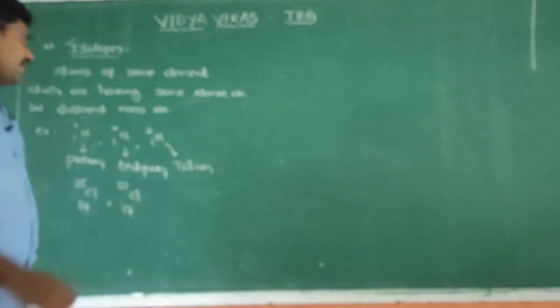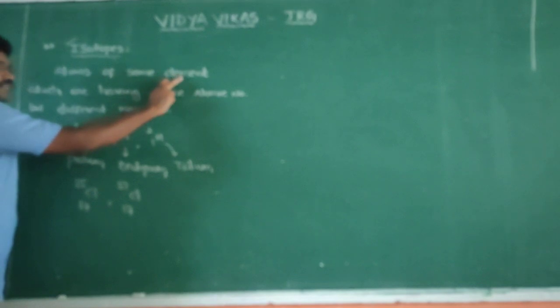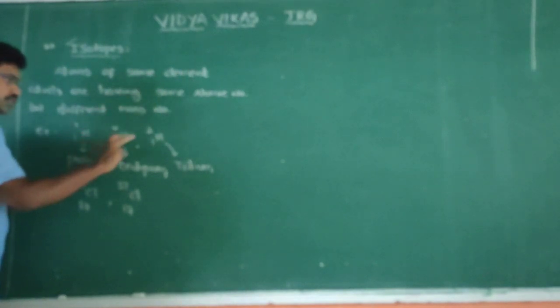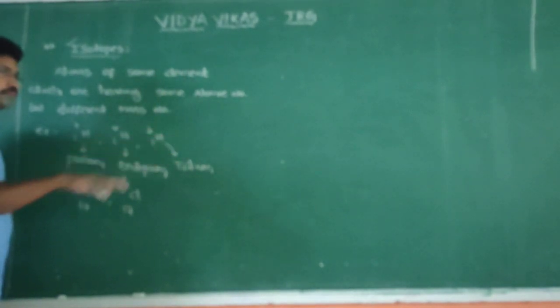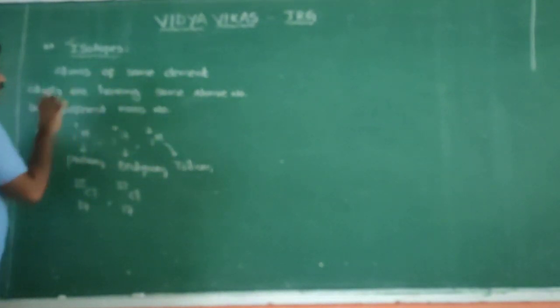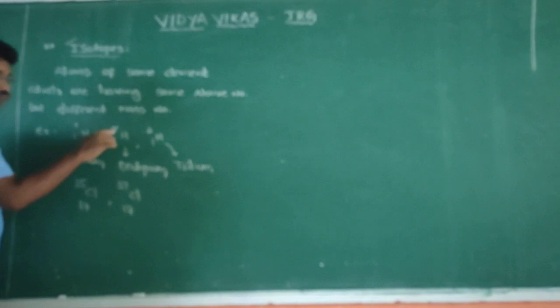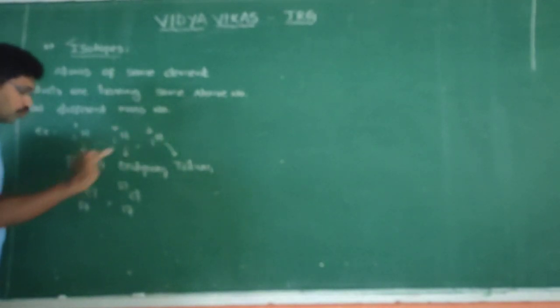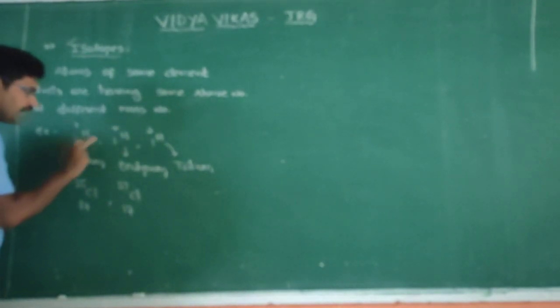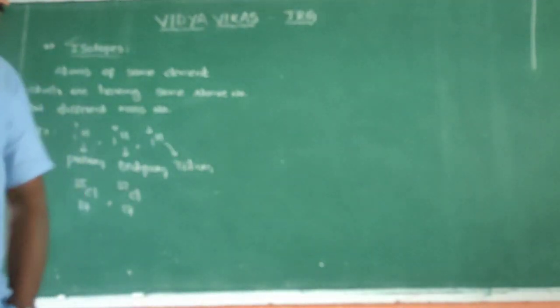Now let me come to the definition once again: atoms of the same element, like these three isotopes of hydrogen, which have the same atomic number but a different mass number. The mass number of protium is 1, deuterium 2, tritium 3. So the mass number differs but the atomic number is the same, and that type of species we call isotopes.